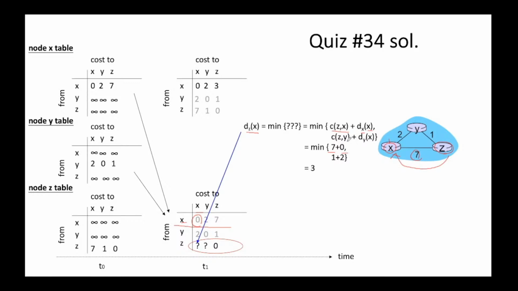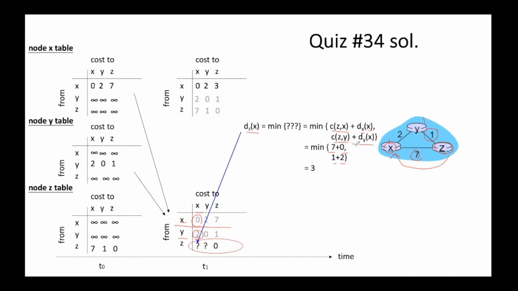Now the second neighbor is y. So we'll take the link cost from z to y, which is 1. And then, based on what y knows as the best to the destination x, dyx is the value we need to add the link cost zy to. According to the table, dyx is 2, therefore 1 plus 2.